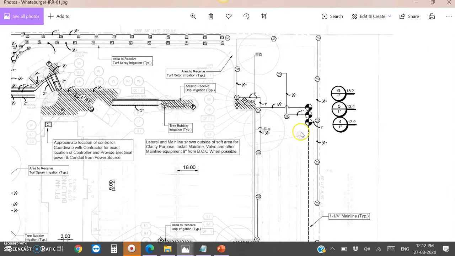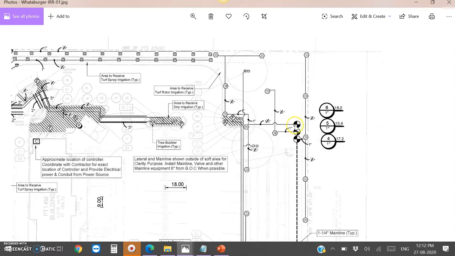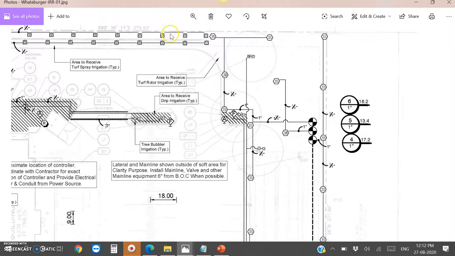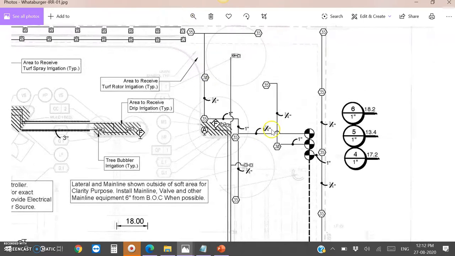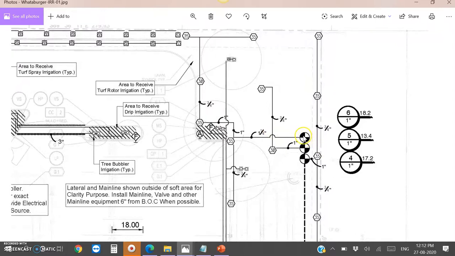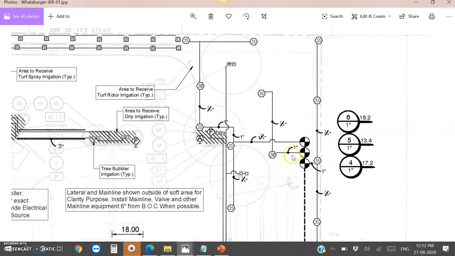For example, if you see, this is a valve here, and this is for rotors, because rotors and drip zones have different valves. Drip zones have a different valve assembly, and bubblers, sprays, and rotors have a different valve assembly. So this is the symbol for valves for sprinklers, bubblers, and rotors.